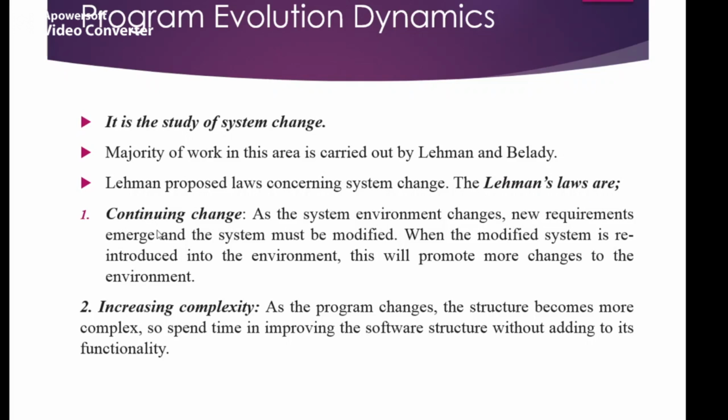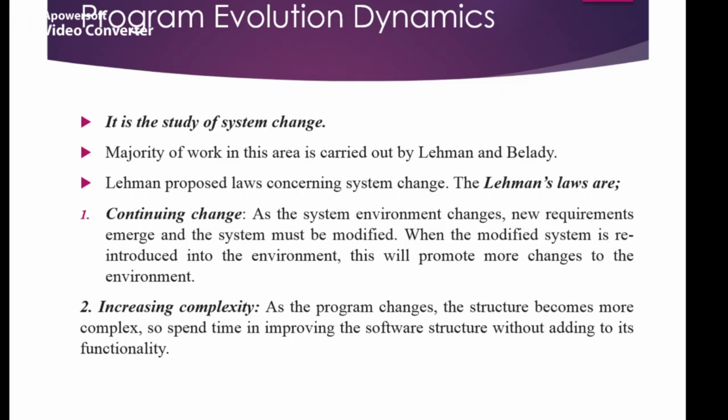First law is continuing change. By this term only you can get to know it: you want to make changes to the system, but that is continuing. So changes never stop. It is always continuous. So why is it continuous? You know that once the system environment changes, there will be new requirements. New requirements emerge. You need to modify the system.